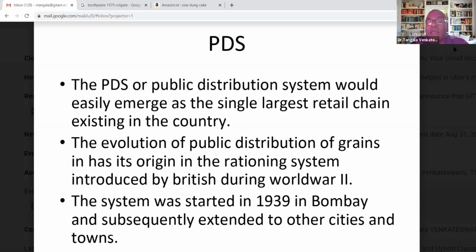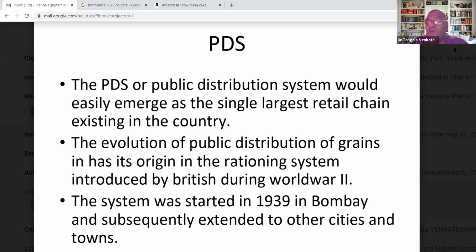The basic intention of PDS coming into existence is, there were many people who were starving for food, and the government initiated this PDS system to take care of the basic needs of below poverty line people, BPL families. Initially they were selling rice, wheat, cooking oil, kerosene, all these products.